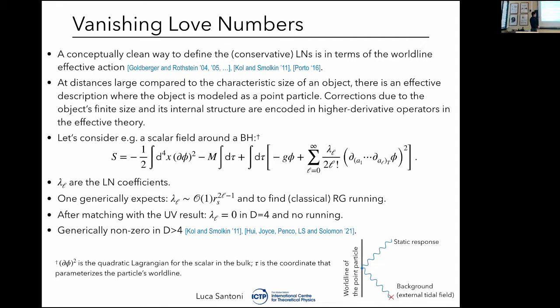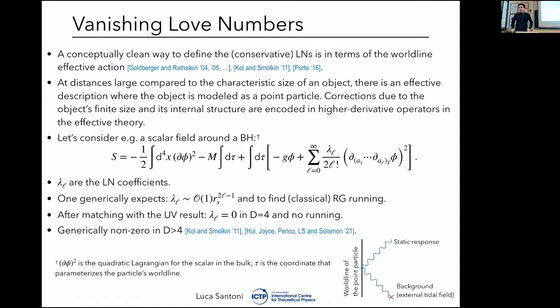Notice in particular that, which I think you already know, but let me mention, this is true in 4 dimensions. If you consider a black hole in arbitrary dimensions, these Love numbers can be non-zero and there can be an RG running. So it's a very special property of 4 dimensions.